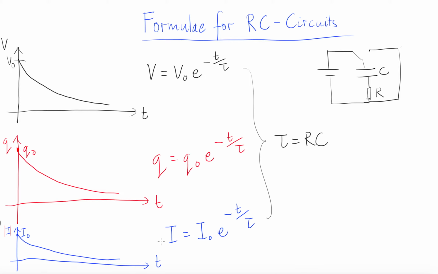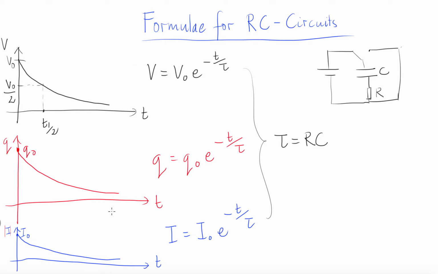Now we could ask ourselves, just like with radioactive decay, what's the half-life, or how long would it take for the potential to reach half its initial value? So what time would it take for V0 to reach V0 divided by 2?